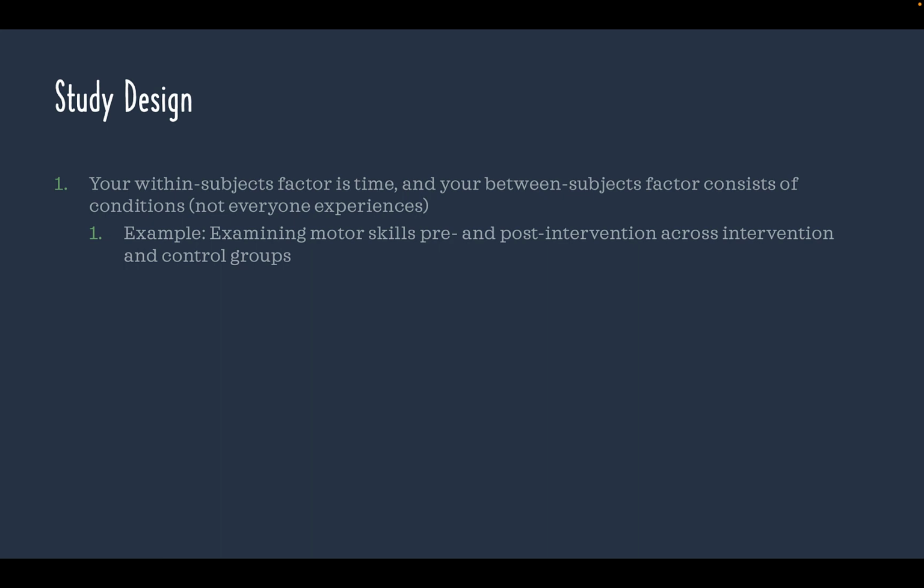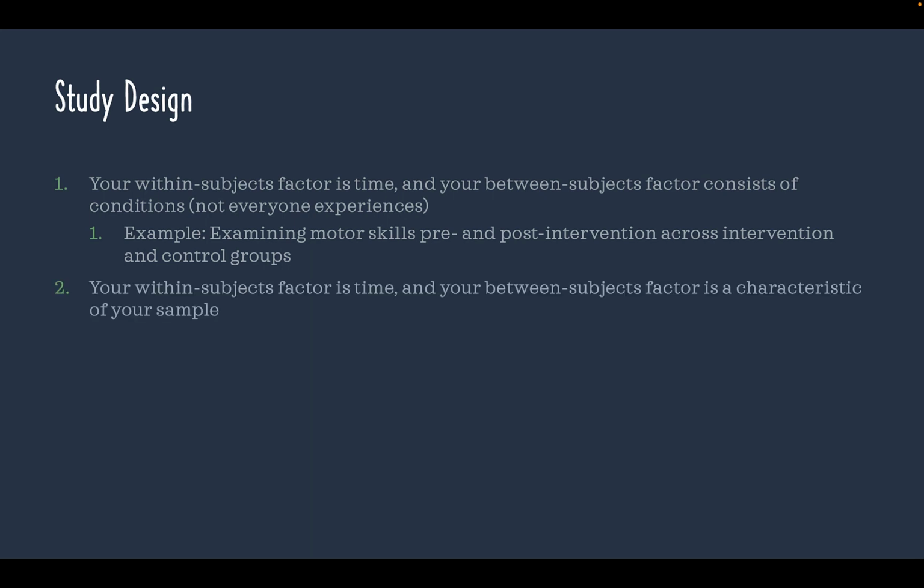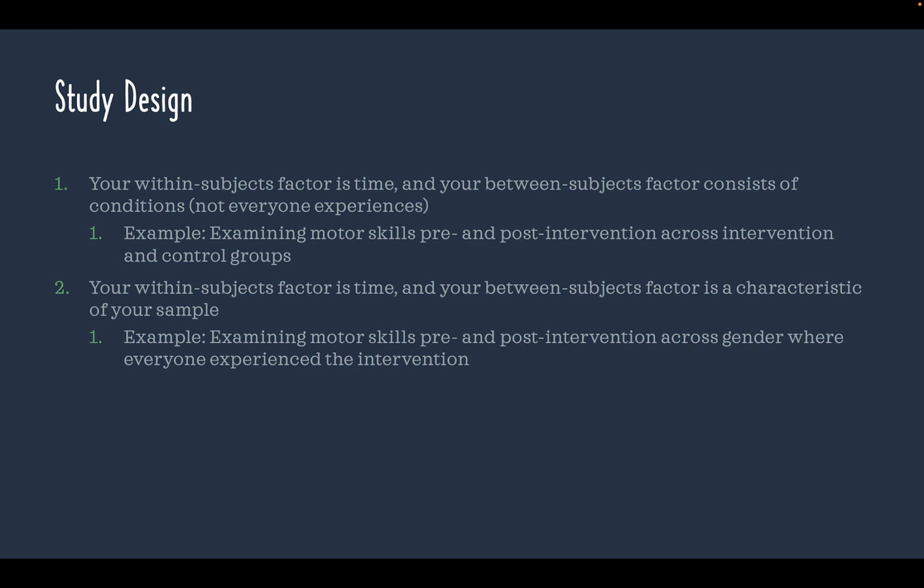An example would be examining motor skills pre-post intervention across an intervention and control group. Another example would be your within subjects factor is time, and your between subjects factor is a characteristic of your sample, like a demographic.